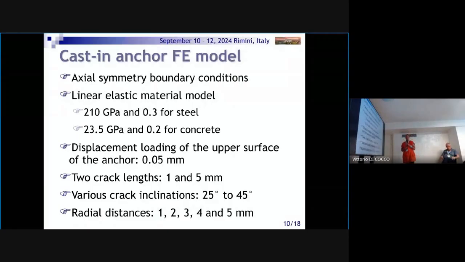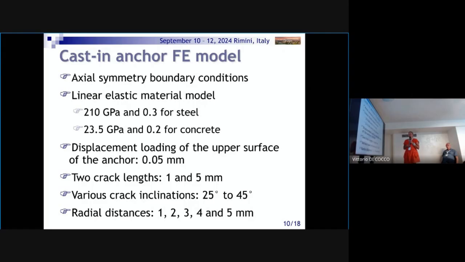We used 210 gigapascals of Young's modulus and 0.3 Poisson's ratio for steel, and 23.5 gigapascals Young's modulus and 0.2 Poisson's ratio for concrete. The anchor was loaded via tension, and we applied a displacement of 0.05 millimeters on the upper surface of the anchor.